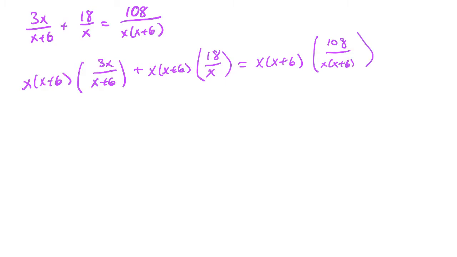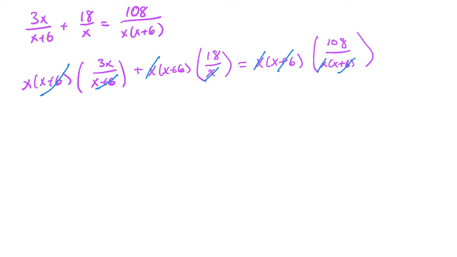Now my denominators are going to cancel out: my x plus 6's cancel out in the first term, my x's cancel out in the second term, and both of them cancel out on the right-hand side.